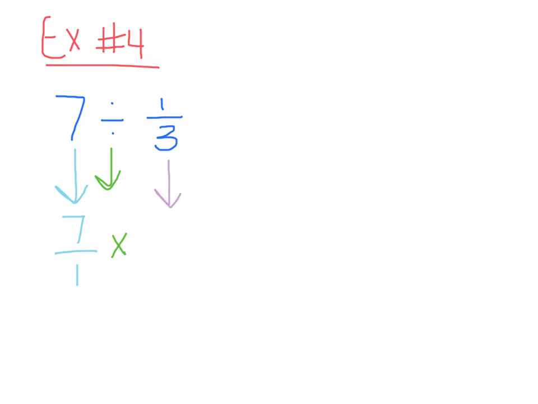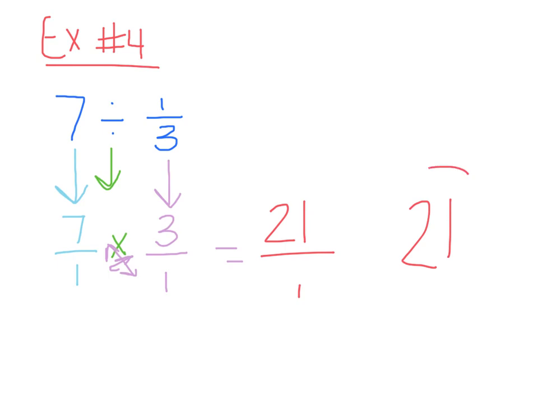So instead of 1/3, it's going to be 3 over 1. And I look across and I can't really divide anything because they both have 1s. So I'm going to just go ahead and multiply straight across. 7 times 3 is 21, and 1 times 1 is 1. So my answer is 21.